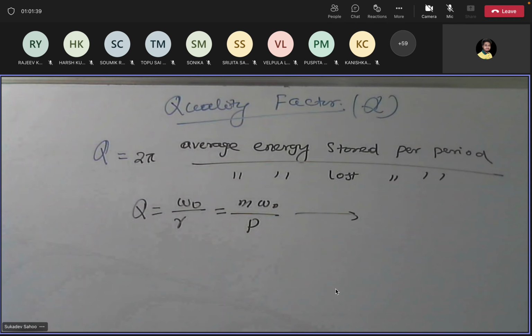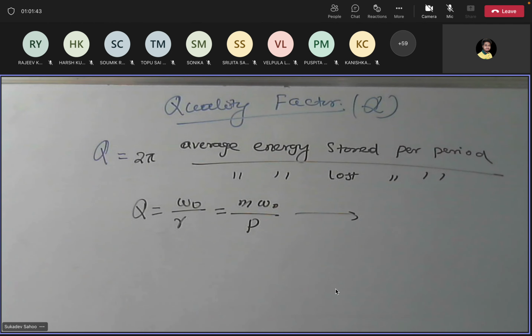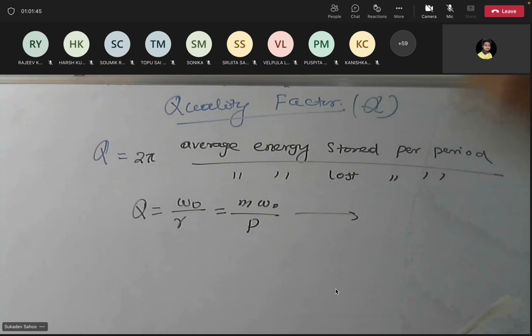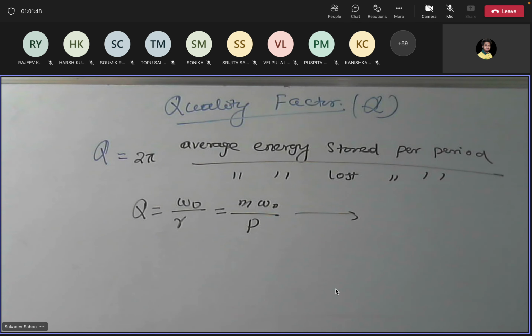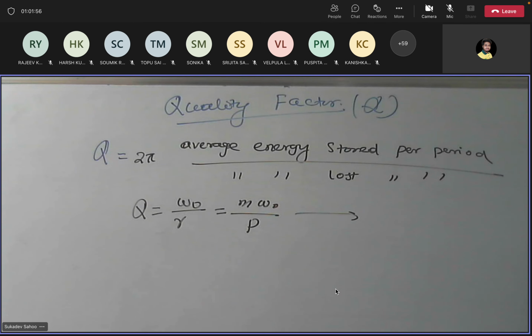So your quality factor is a measure of sharpness of resonance. Higher the Q value, smaller is the bandwidth.